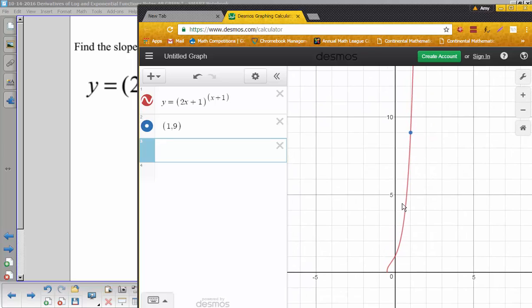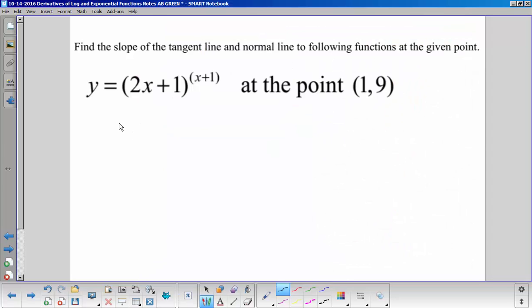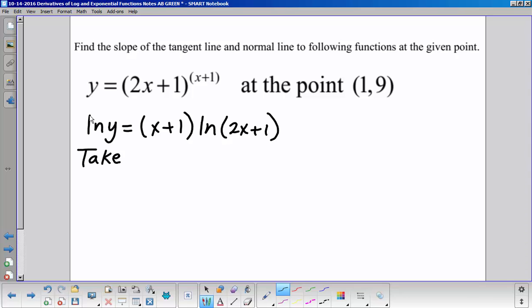All right, so how are we going to do this? We're going to take the derivative because we have the point. All we need is the slope. So who's going to help me with the derivative? All right, go, Griffin. Well, you take the natural log of both sides, so we get ln y equals x plus 1 times the natural log of 2x plus 1. All right, good. Then you take the derivative implicitly.